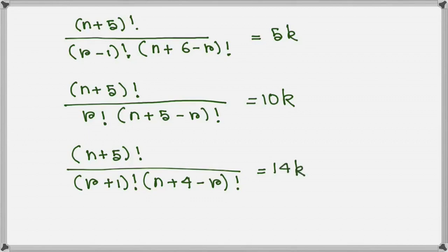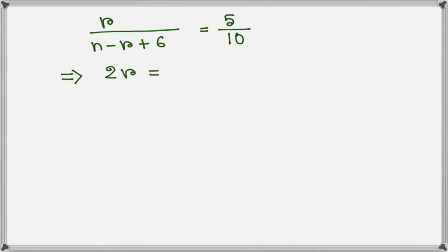Now let us divide this equation by this equation. We get r divided by (n minus r plus 6) is equal to 5 divided by 10. So therefore we get 2r is equal to n minus r plus 6. That means we get 3r minus n is equal to 6.